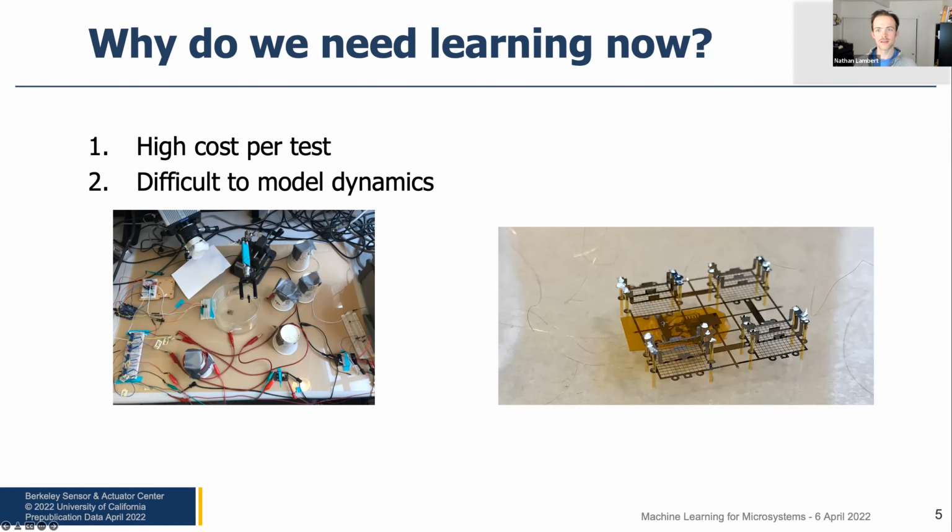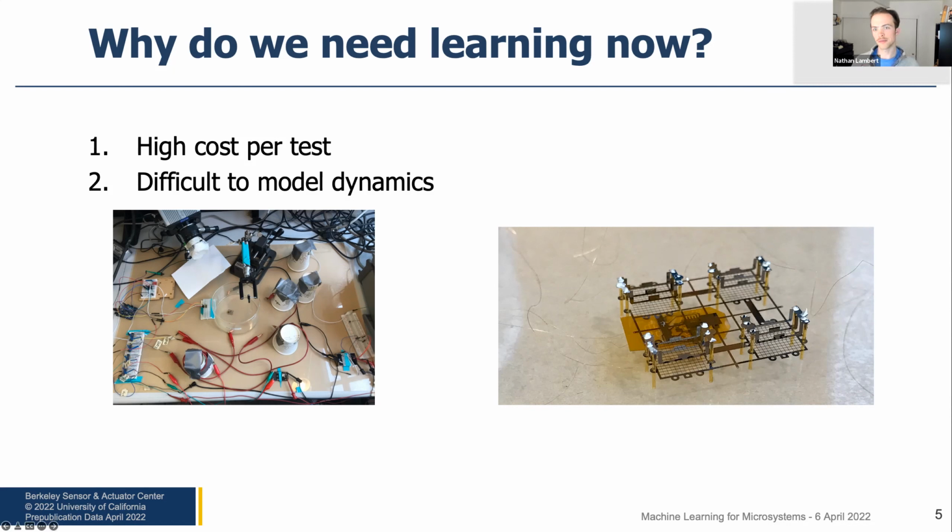And second, the systems have really difficult to model dynamics. Most of the systems we're testing have these wires coming off of it or other forms of tethers that modify the dynamics away from any first principle decision-making that we could make for the controllers. So we need something that can adapt to this scenario where we won't get many samples, and we need to be able to control in a broad spectrum of dynamic environments.